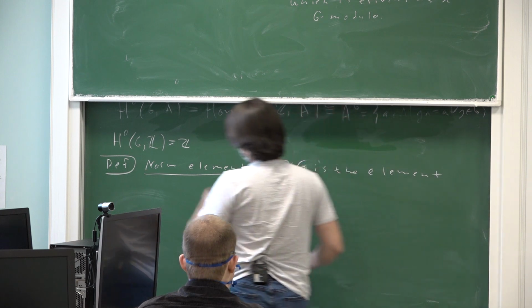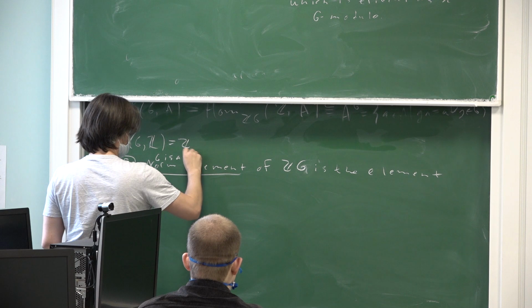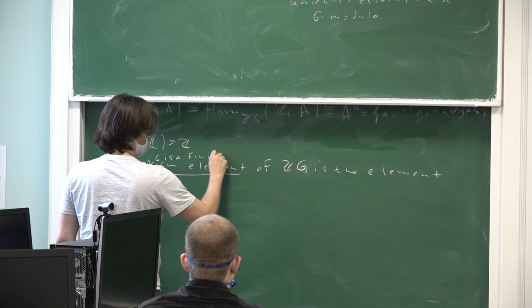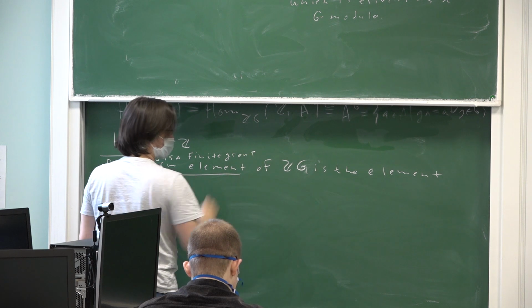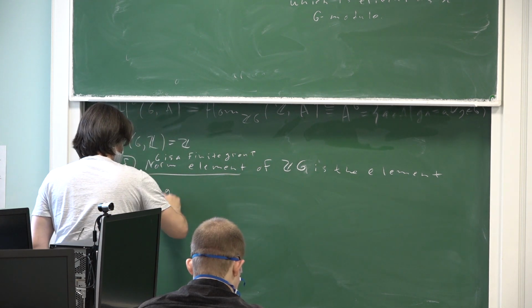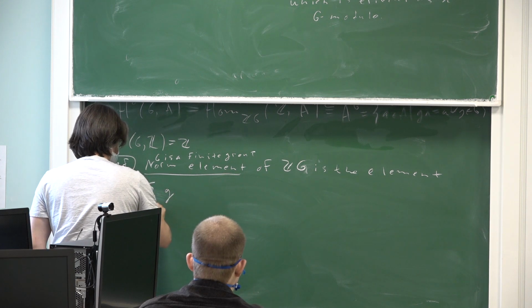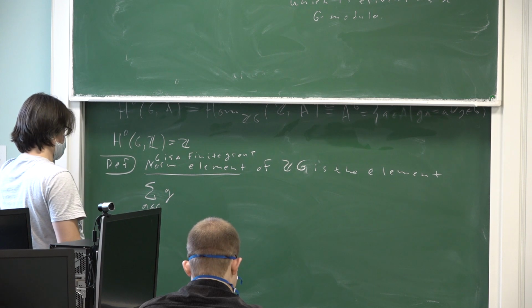Sorry, I forgot to say, G is a finite group. And the norm element of G is the element N, the sum of g for all g in G.